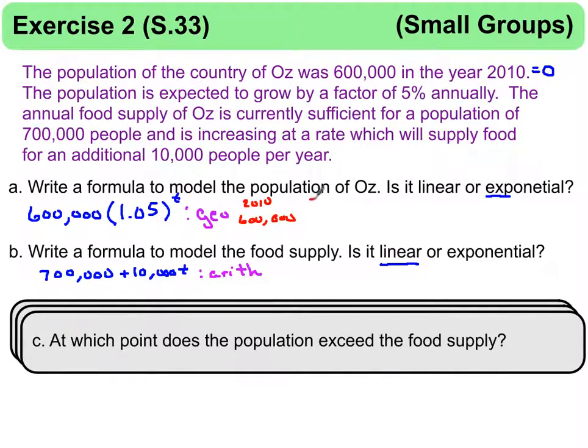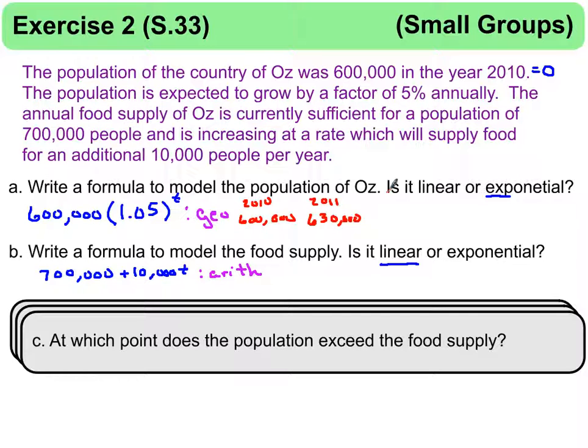In the year 2011, if we take that 600,000 and look at what it will be based on our table, we end up noting that it's going to be 630,000 in this perspective here.